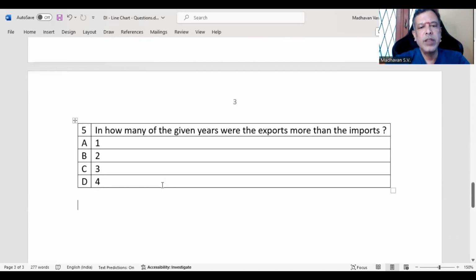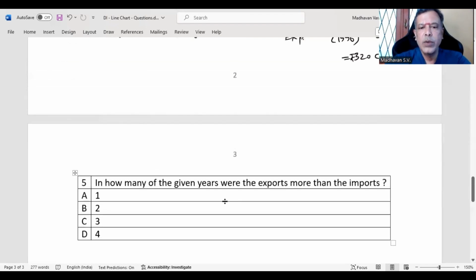In how many of the given years were the exports more than the imports? For this, exports more than imports is possible only when the denominator is more than the numerator of the ratio, which means wherever the ratio is less than 1, those are the years.